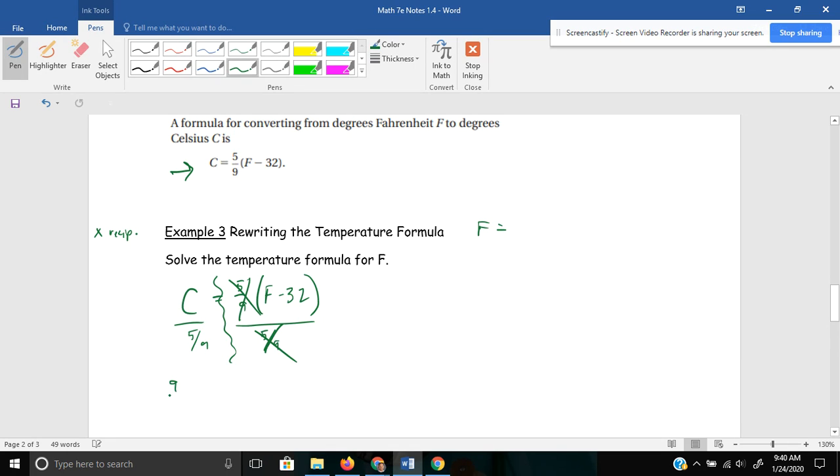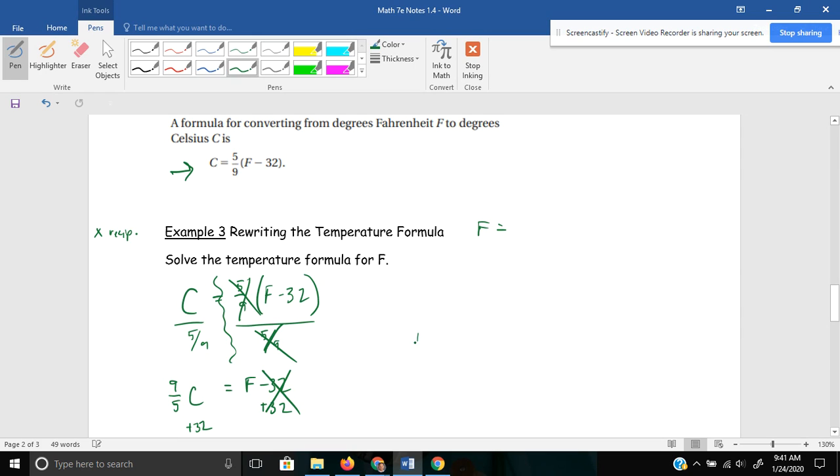So 9/5 times C is equal to F minus 32, because these cancel out. And then in my last step to solve for F, I just need to add 32 to both sides.